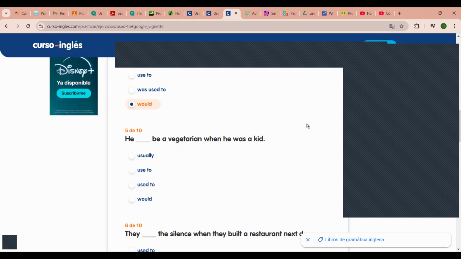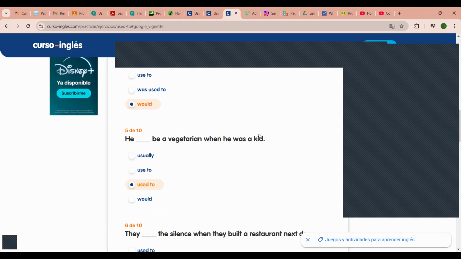All right. Number 5. Obed. Yes, so yeah, he used to be a vegetarian when he was a kid. All right. He used to be a vegetarian when he was a kid.